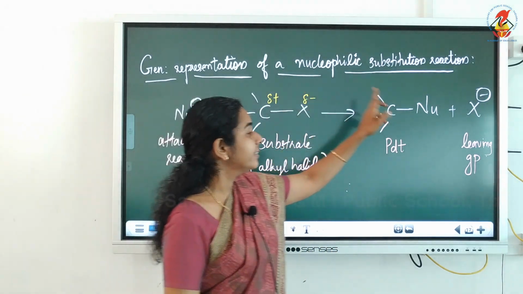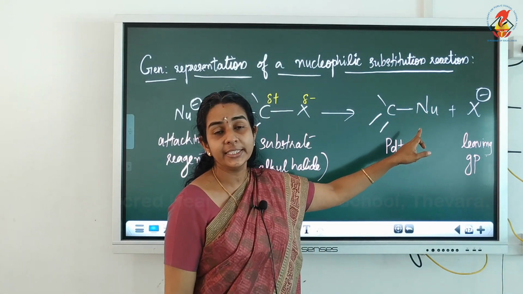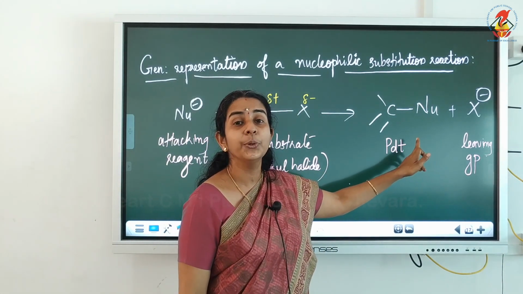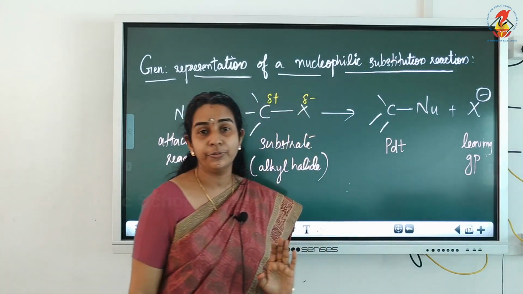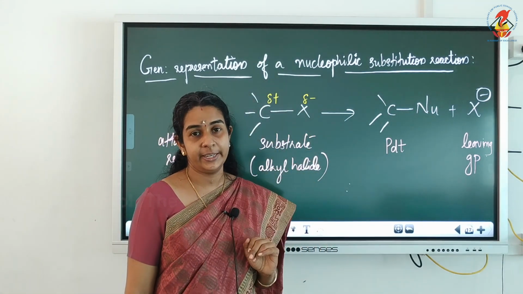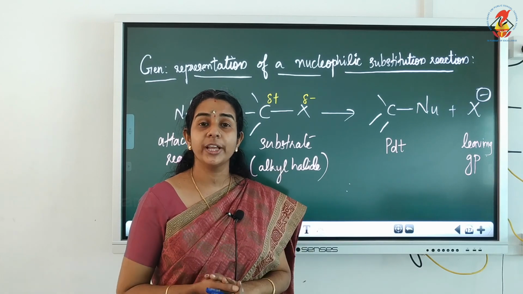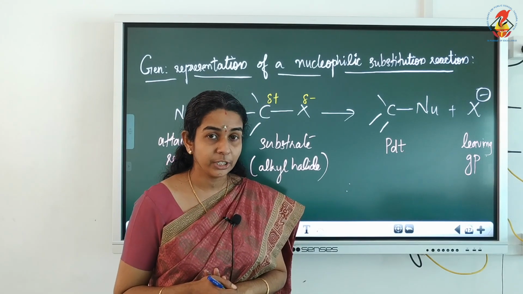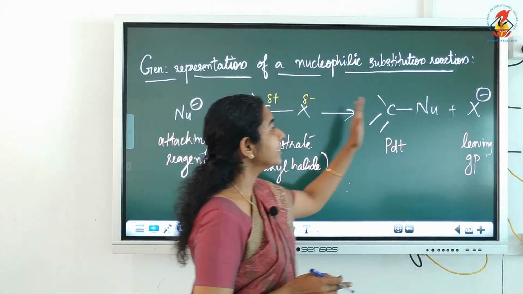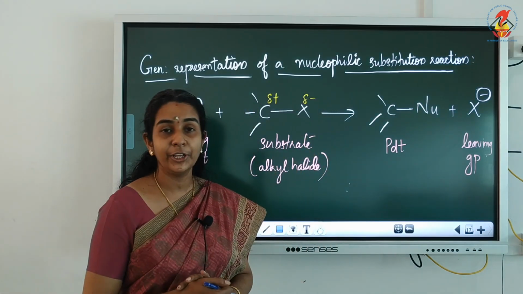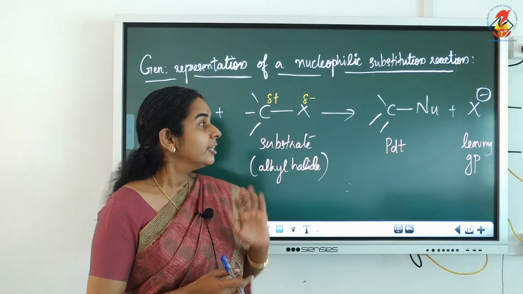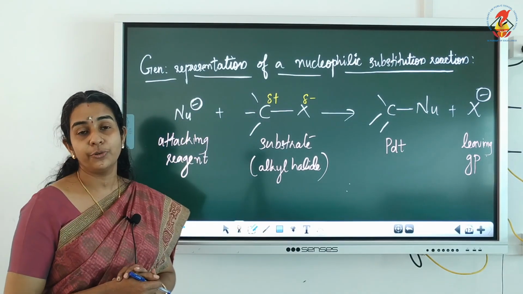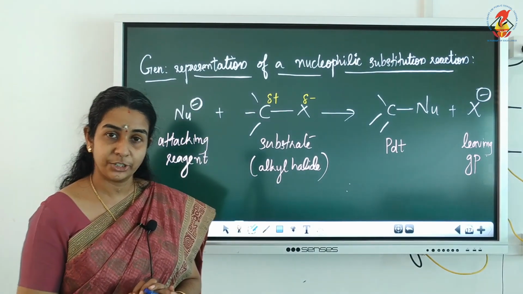The X is substituted by the nucleophile, and that is the product we get. Such substitution reactions are known as nucleophilic substitution reactions, and X minus is known as the leaving group. So, this is the general representation of a nucleophilic substitution reaction.